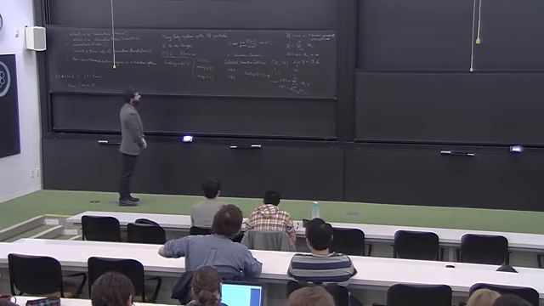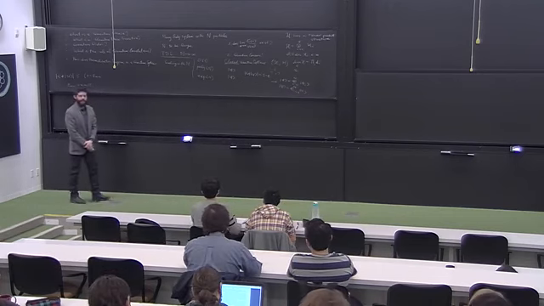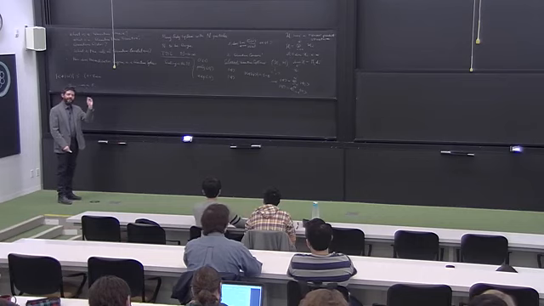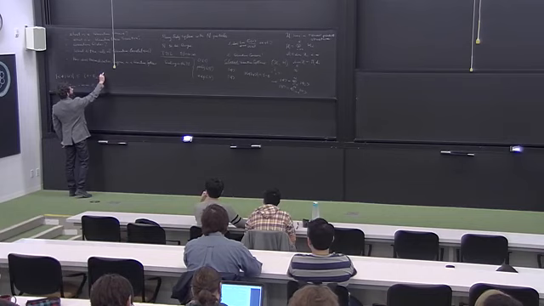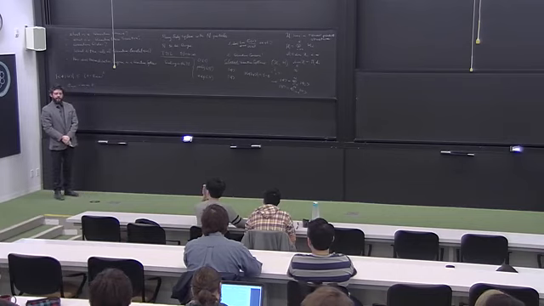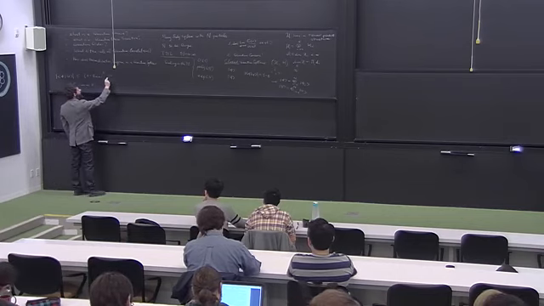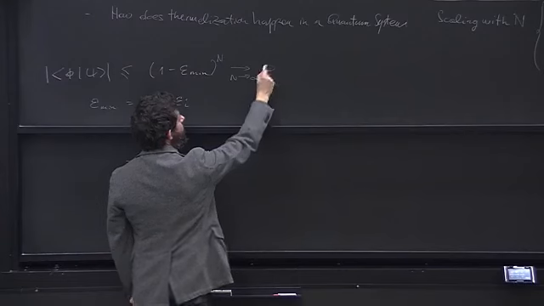So even if I take the best case scenario, in which I just take the smallest difference, this thing goes in this way, which in the thermodynamic limit goes to 0.